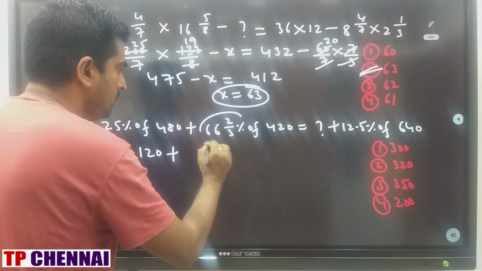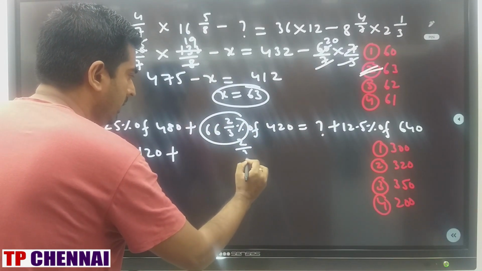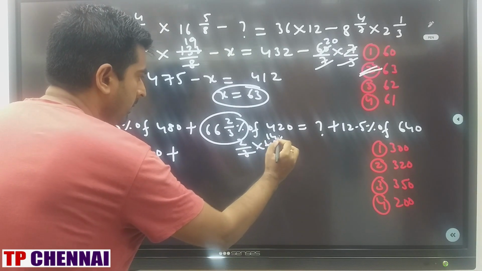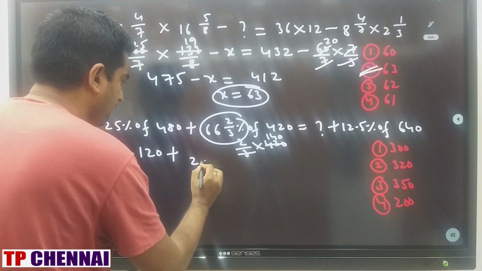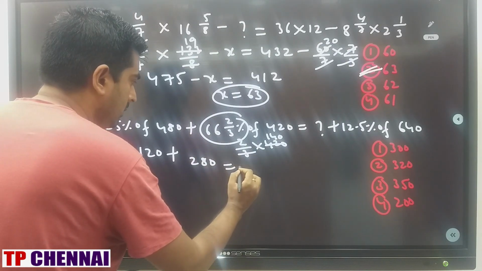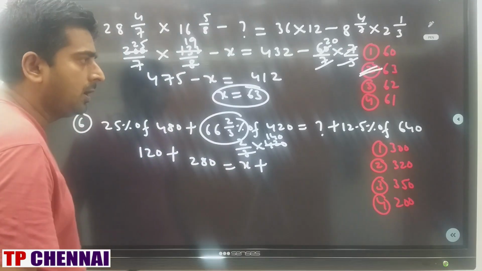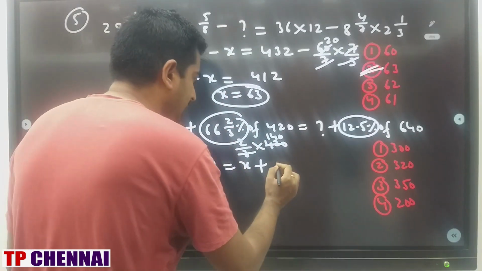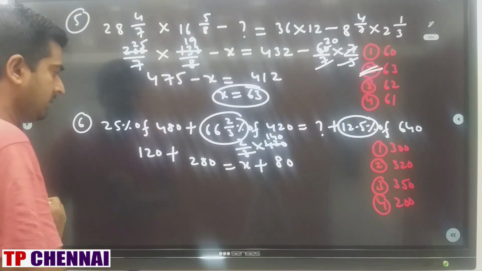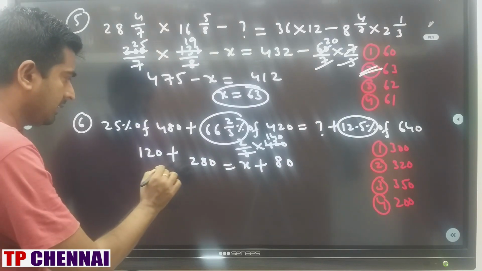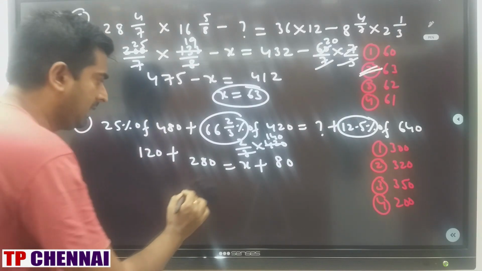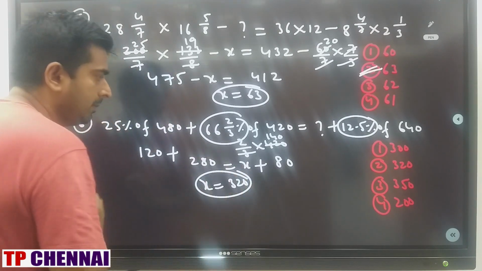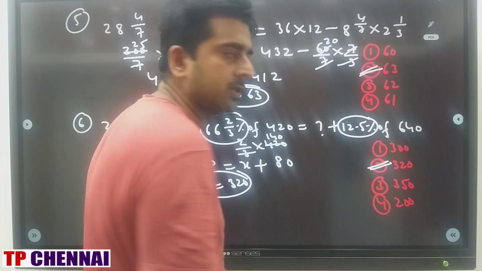What is fraction value? 2 by 3. 2 by 3 of 420, 280 is equal to x plus 12.5% fraction value is 1 by 8. 1 by 8 of 640 is 80. This is 120 plus 280. This is how much? 400. 400 minus 80. What is the answer? 320. My answer is 320, which is second option.